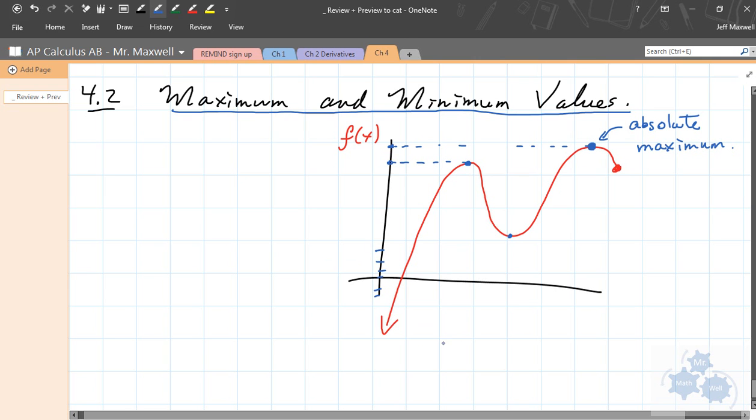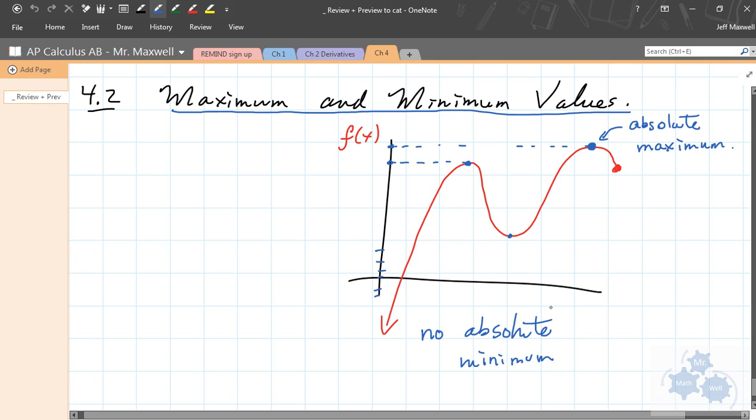And so what we would say is that there is no absolute minimum here. It's due to the fact that we have this arrow, and that means it extends down, and slightly to the left, forever and ever. So we wouldn't be able to identify an absolute minimum.